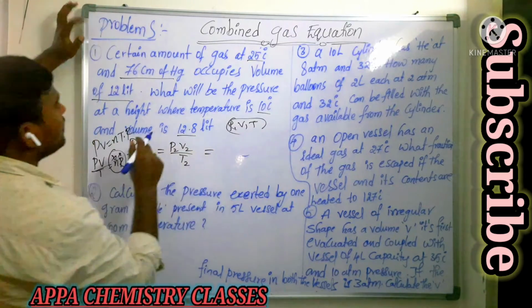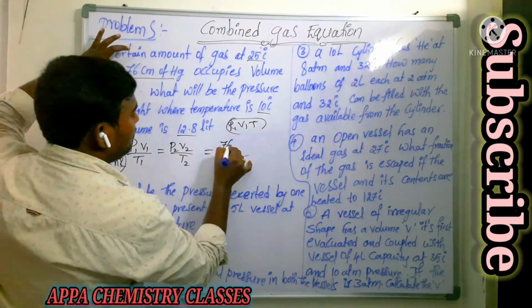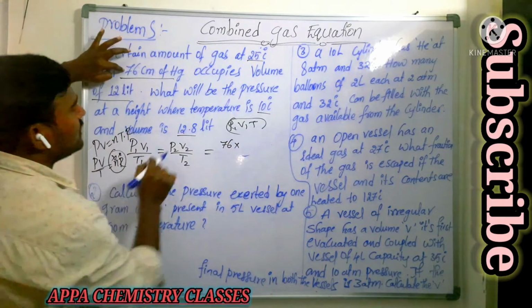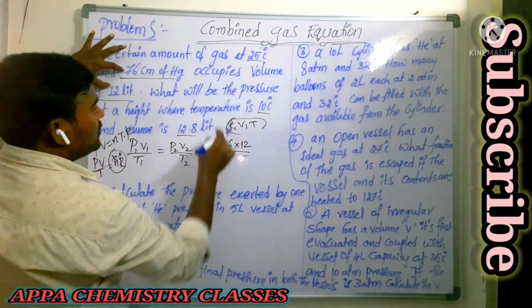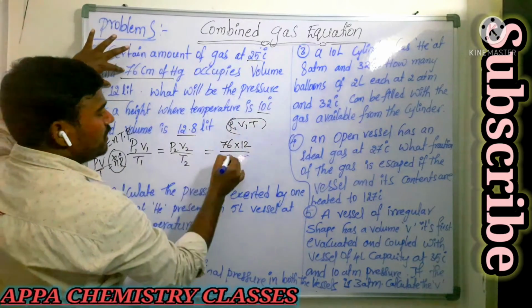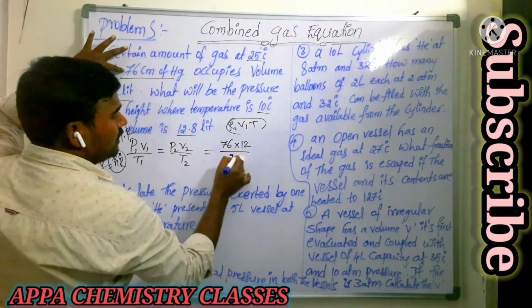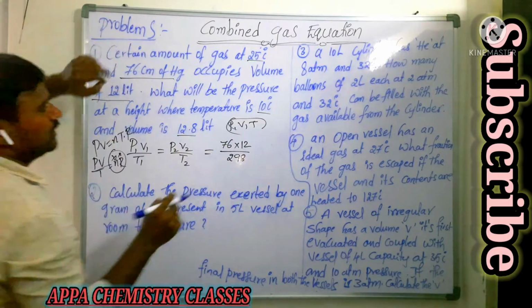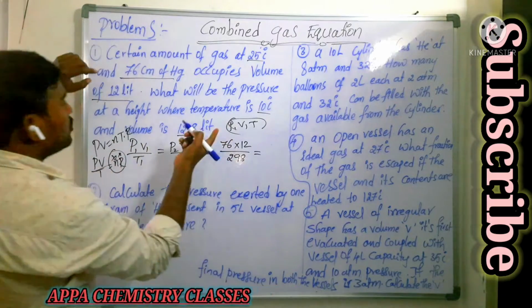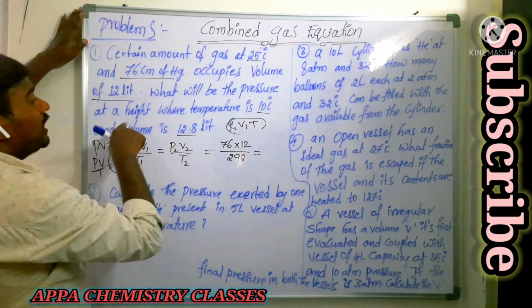From that you get this equation. Now what is the initial pressure? It is 76 centimeter, P1 is 76. Volume occupied will be 12 liter. The initial temperature is 25, 25 plus 273, that is 298 Kelvin. Is that clear? So what will be the pressure at a certain height?